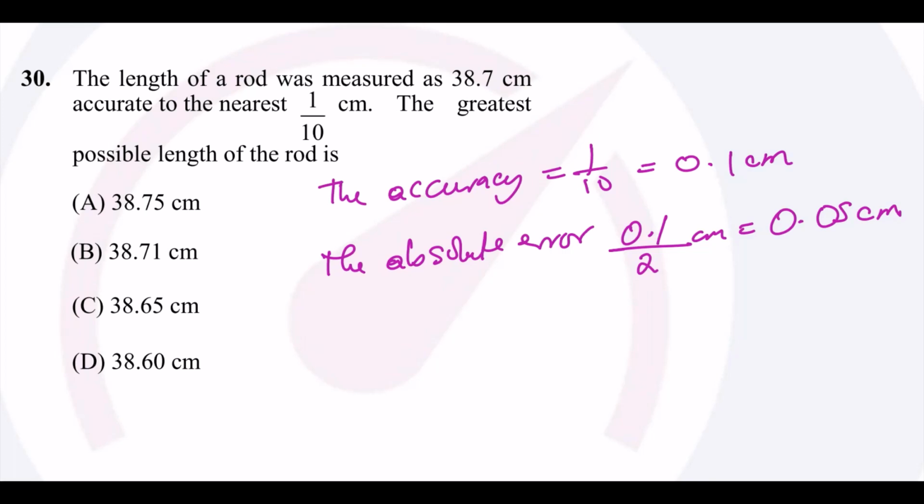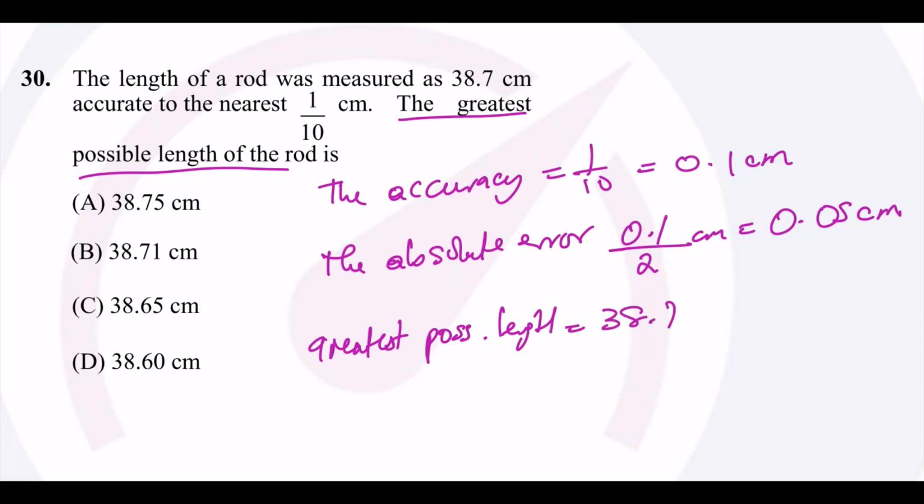So the greatest possible length of the rod would be equal to 38.7 plus 0.05 centimeter, and that would give me 38.75 centimeters.